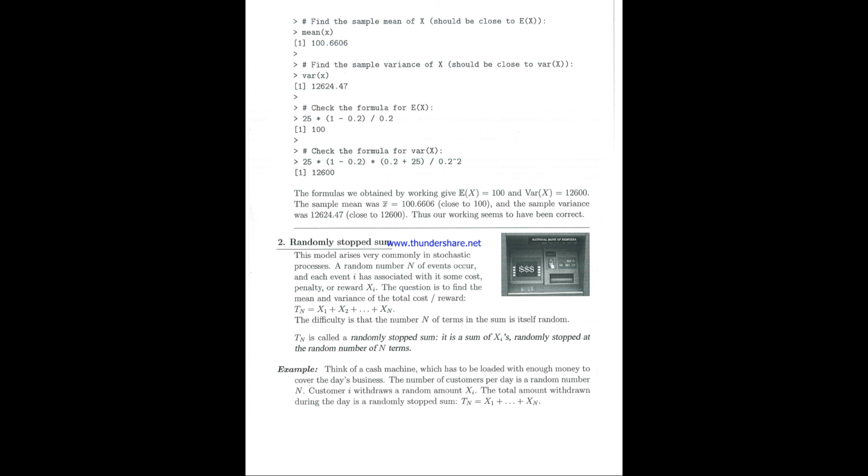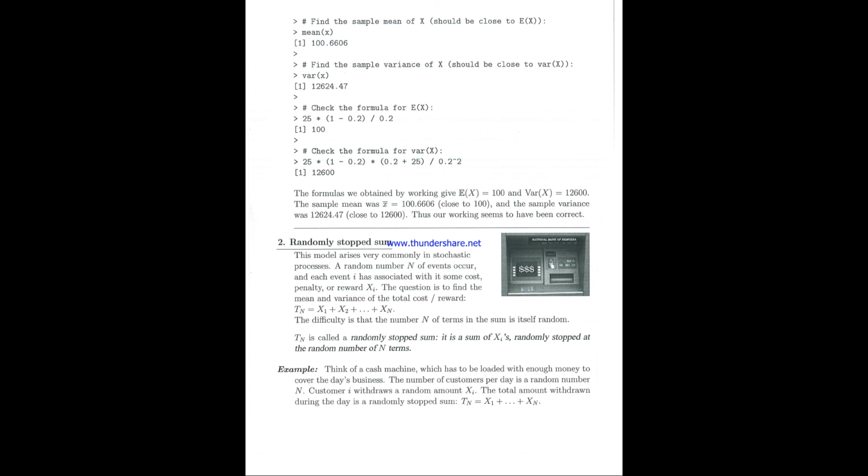Okay, so the best example for this randomly stopped sum is the ATM machine. If you take any given day for the ATM machine, we never know the number of customers who are going to withdraw money, and the customers are withdrawing different amounts.